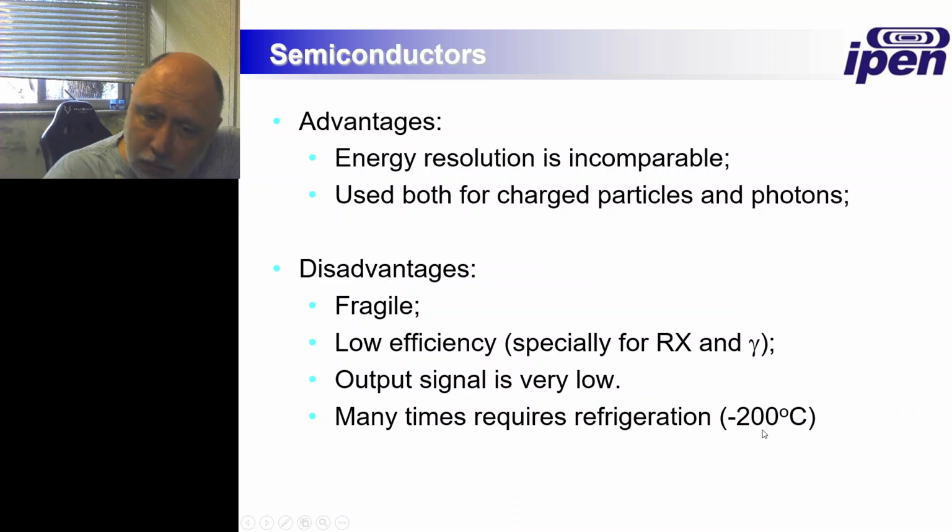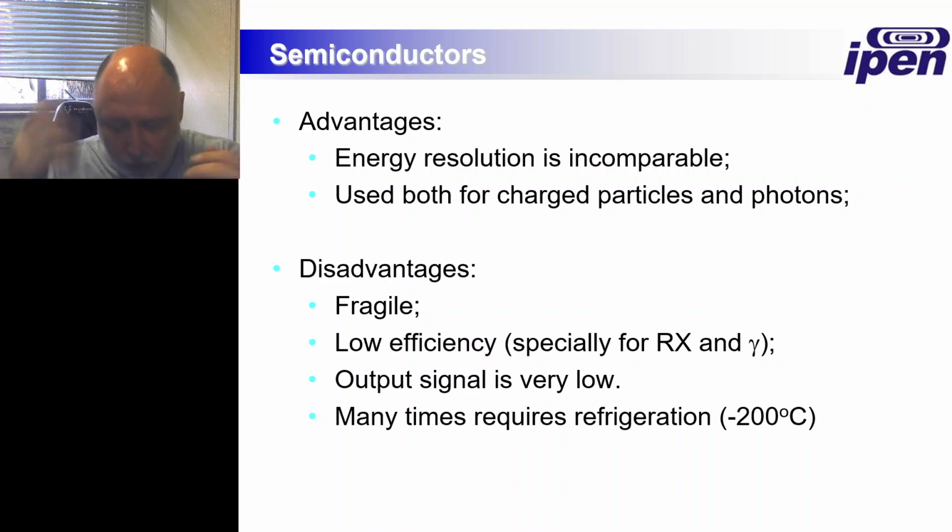We have to refrigerate, because otherwise, when we apply the high voltage, your semiconductor would become a conductor, and we don't want that. We cannot detect anything in a conductor. So you freeze it, and then you can apply very high voltage without turning it into a conductor, and at the same time you can decrease the noise a lot for the first amplification stage.